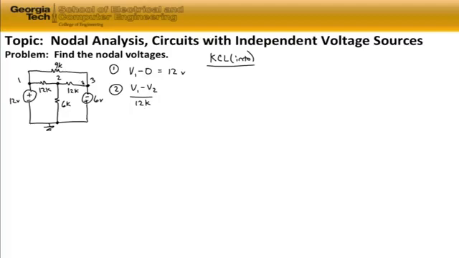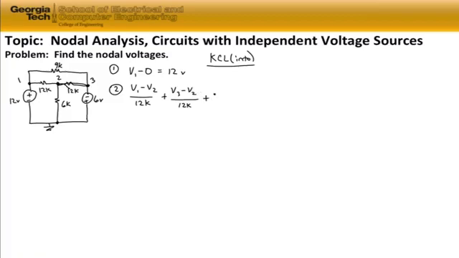Similarly, the current flowing through the other 12 kilo ohm resistor on the right-hand side from right to left is V3 minus V2 divided by 12 kilo ohms. And we have the third current, which is flowing up through the 6 kilo ohm resistor.